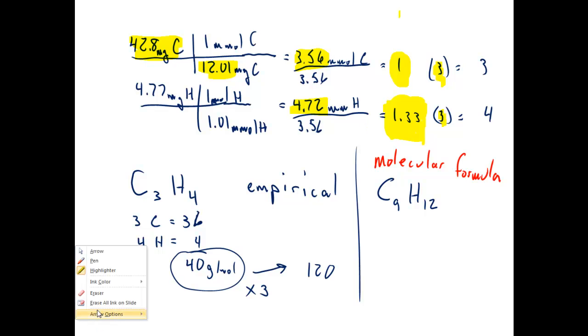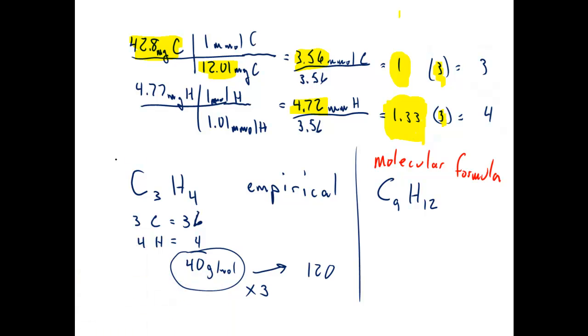In this case, we see that we can use 3, so that 1.33 times 3 equals 4. So now we have a whole number. Of course, we have to multiply both elements by that small factor. And so here we have 1 times 3 is 3. So now we have our empirical formula of 3 to 4, 3 carbons for every 4 hydrogens.